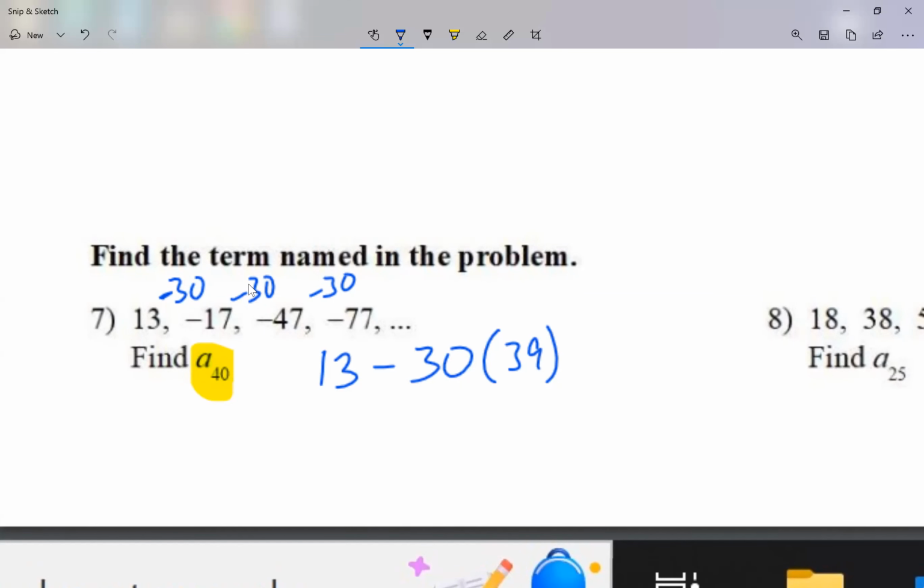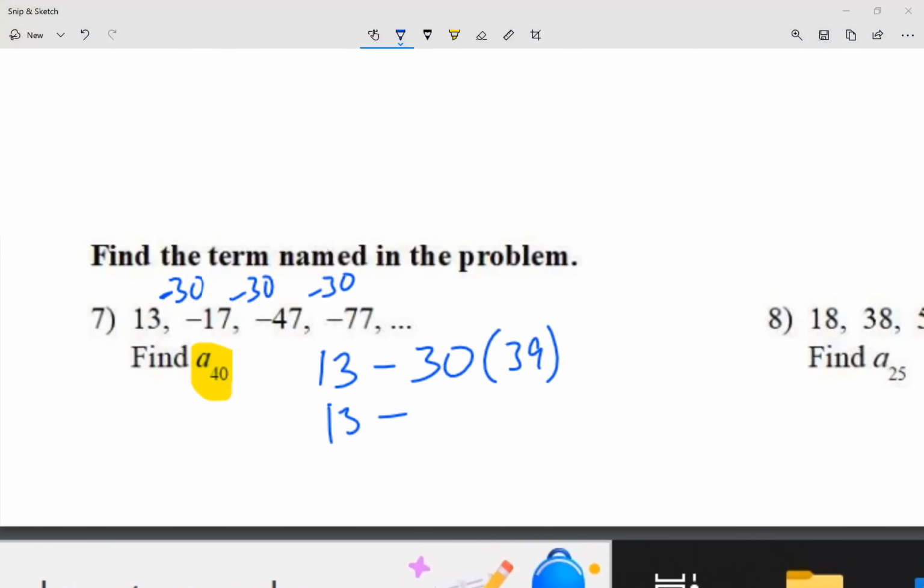So better yet, let me say this. We have to multiply first. Don't forget that. So I have to come over and be like, what's 30 times 39? I'm going to use a calculator if necessary. So I'm going to go 30 times 39, and I'm going to find out it is 1,170.